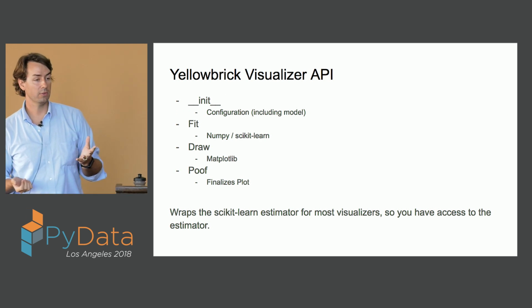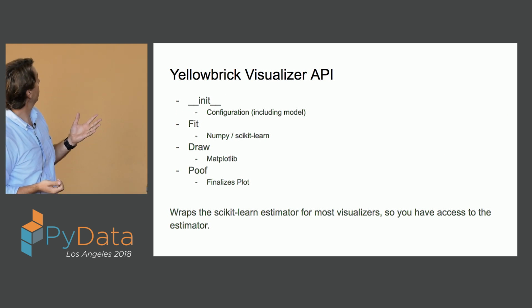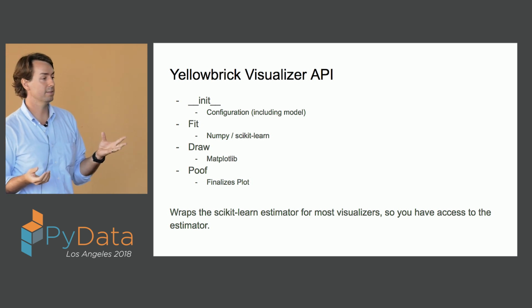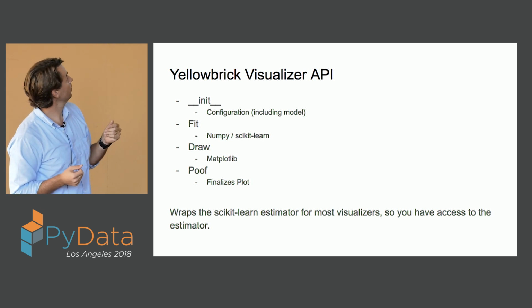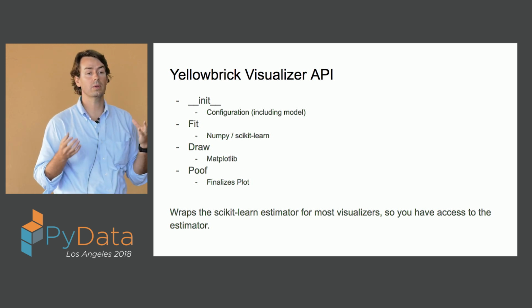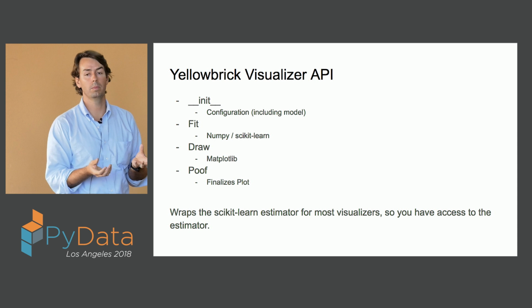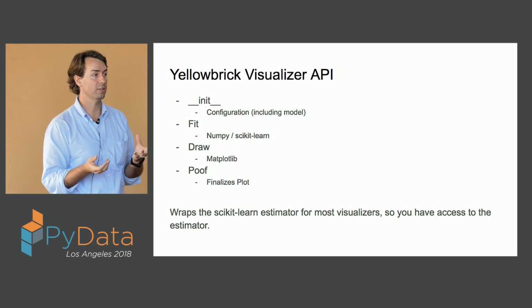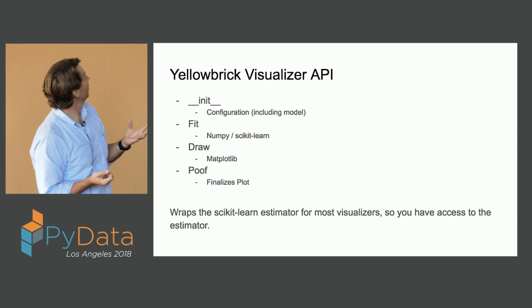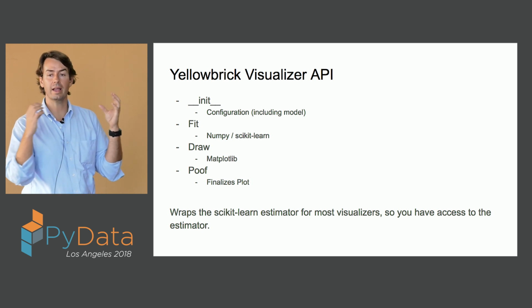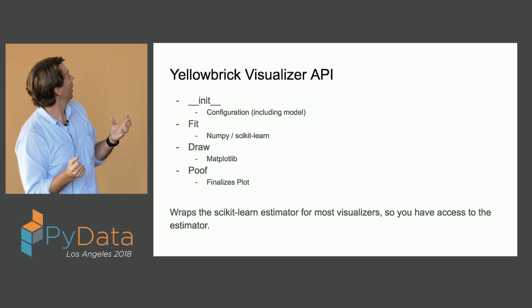The Yellowbrick Visualizer API has roughly four components. This is a little simplified, but as there are classes, we have an init method, which is generally for configuration, and in most of our visualizers that includes the model you're passing into initialization. The fit method is where the transformation logic or the actual model fitting goes.